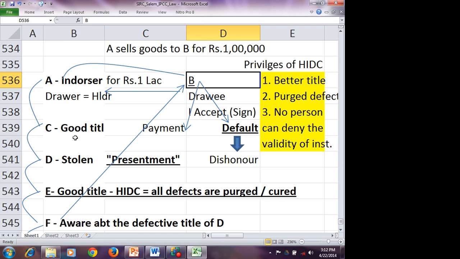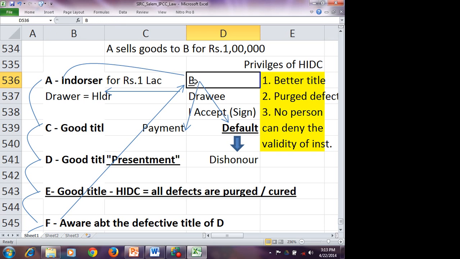A transfers the instrument to C, C to D. Let's say all of them have got good title to the instrument. Finally, it reaches the last endorsee, the holder, who goes to B. Now, B cannot say, my acceptance was by coercion, undue influence. No, B has to make the payment because the person who is asking is a superhero, a holder in due course. No person can deny the original validity of the instrument. Or A originally draws the instrument, which means no consideration. When there is coercion, there is no consideration.